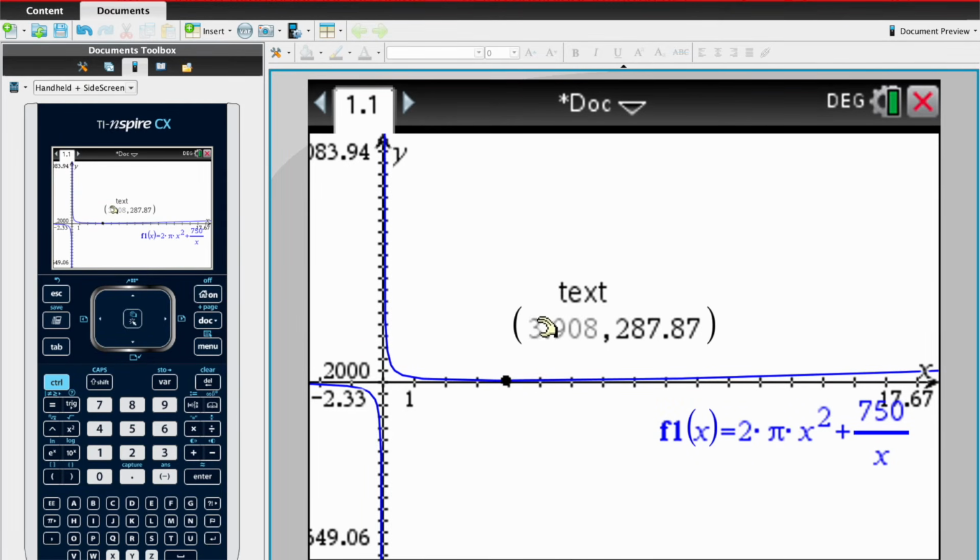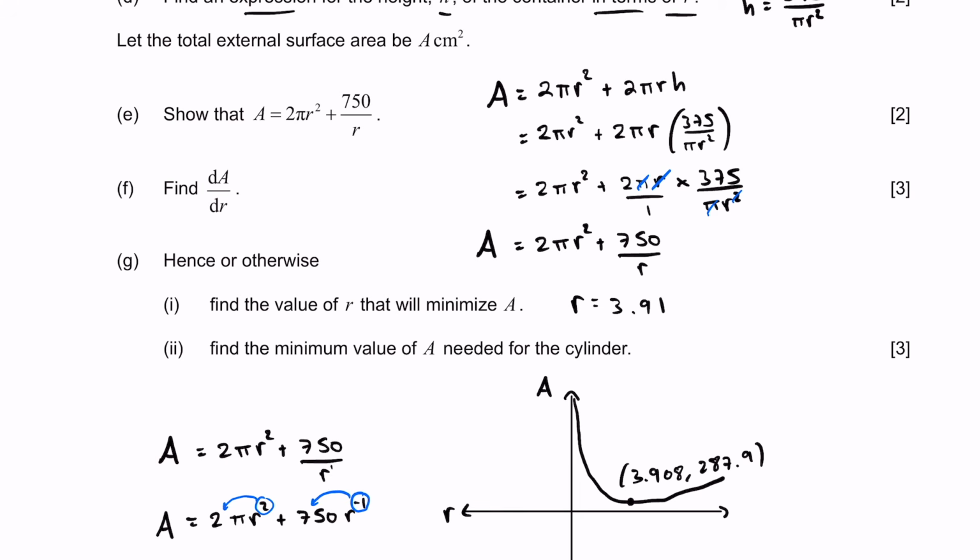So we actually already know that when r is equal to 3.908, a, the surface area, is equal to 287.87. So this is already a function which links r to surface area.